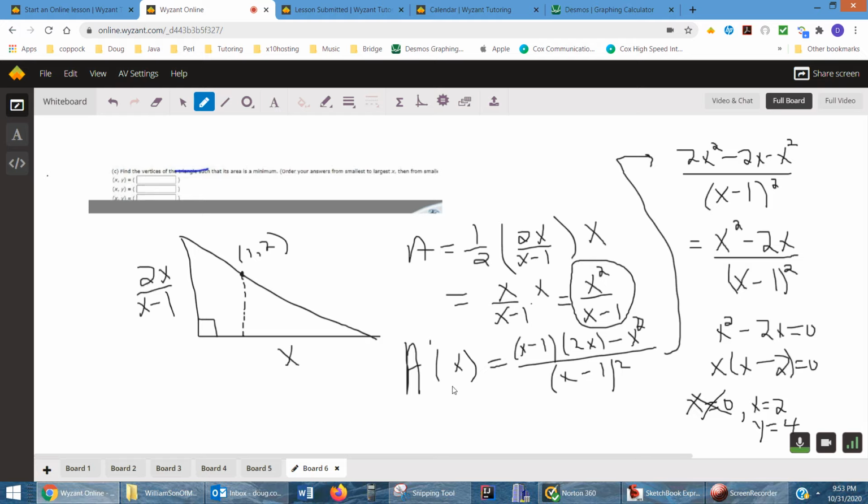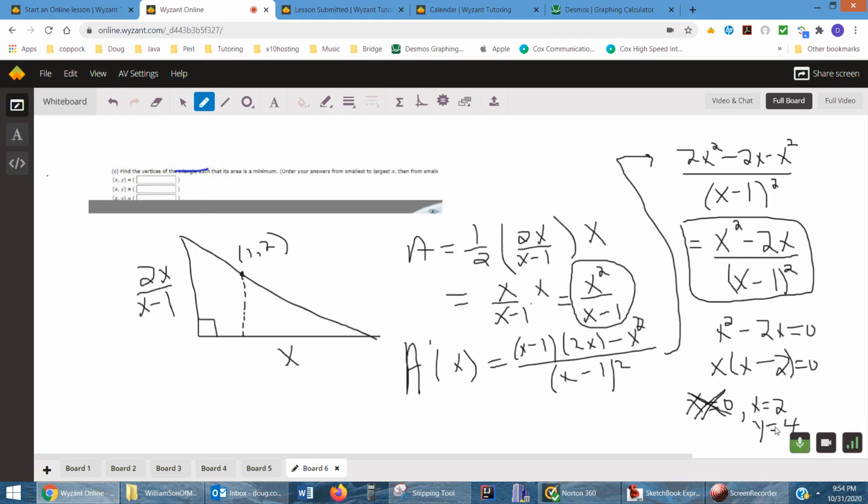If I find A prime using the quotient rule, denominator times the derivative of the numerator minus the numerator times the derivative of the denominator, which is going to be over x minus 1, the quantity squared. So there's your final derivative. We want to know when that equals 0. It equals 0 when the numerator is 0, which is when x equals 0 or x equals 2, but we reject x equals 0 because we're dealing with a triangle where we said the x value had to be greater than 1. So we get x equals 2.